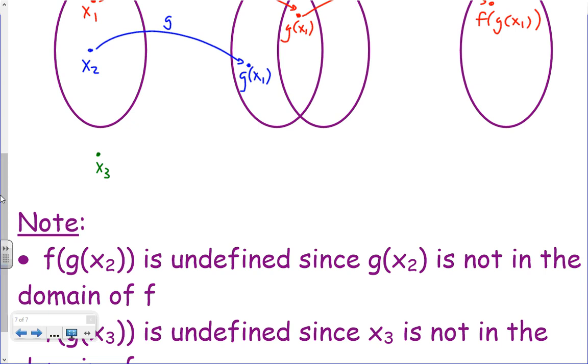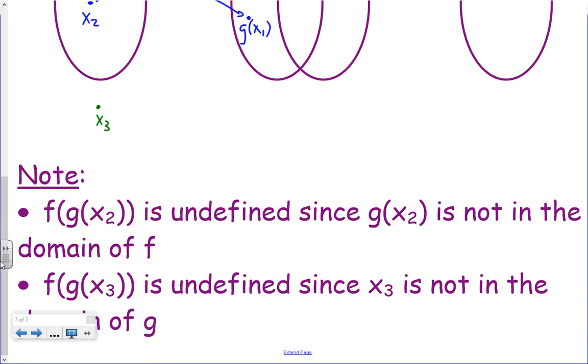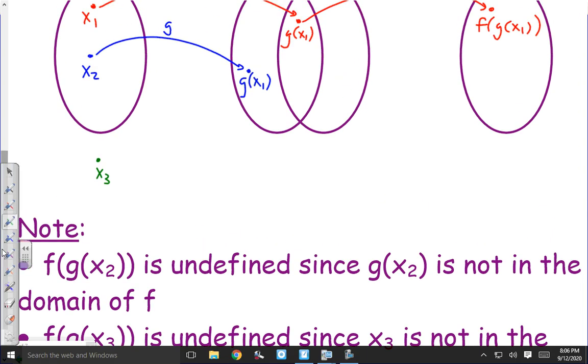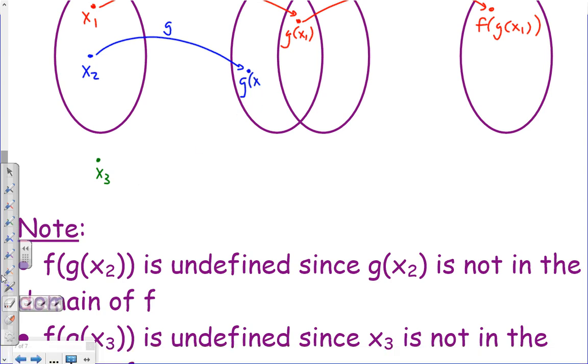So just one last note. What you should notice from this little example: f of g of x sub 2 is undefined since g of x sub 2 was not in the domain of f. Oops, I mislabeled that. Sorry, let me change that. I called it x sub 1 there. It's actually x sub 2 at this point. g of x sub 2.